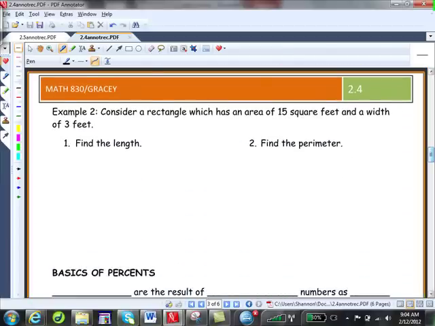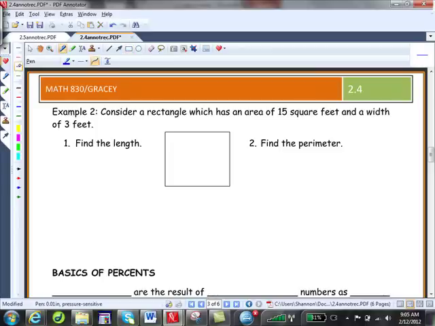So here we go. Now we're getting into some thinker problems. So we've got a rectangle. So let's make a picture of a rectangle. It's got an area of 15 square feet and a width of 3 feet. We don't know the exact scale of this rectangle, so we'll just make a rectangle here.